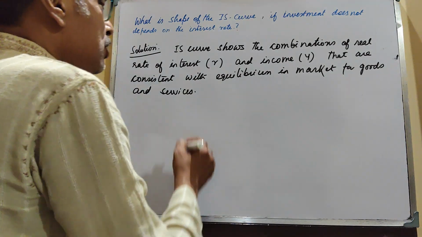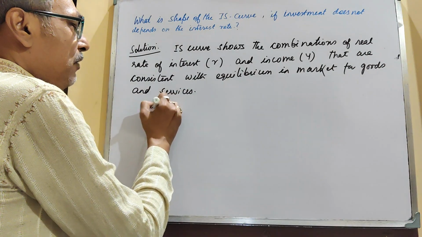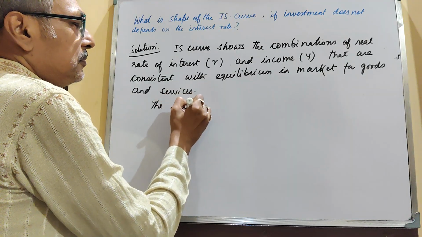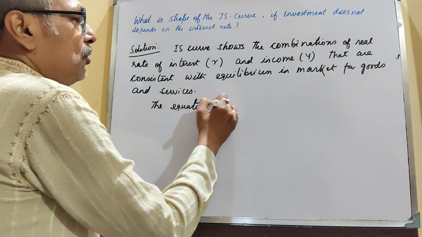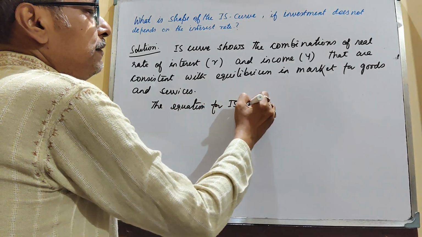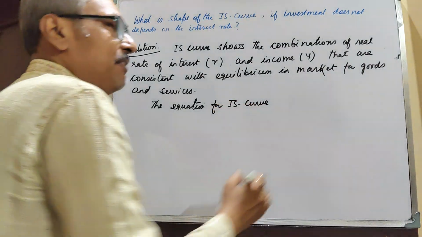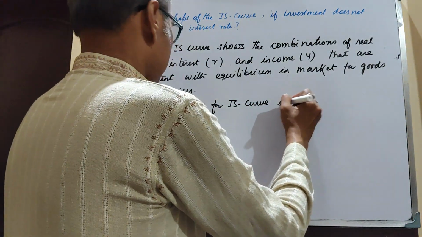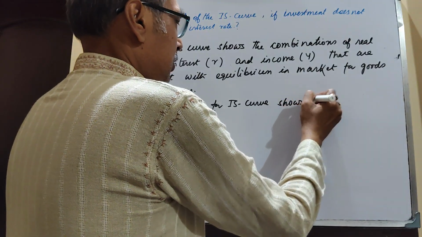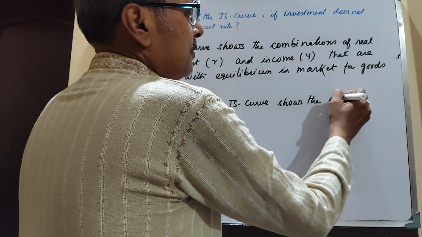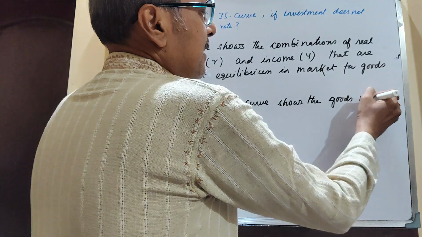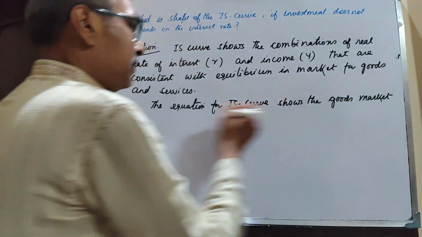Now the equation for the IS curve. I is investment, S is savings. The IS curve shows the goods market equilibrium condition.